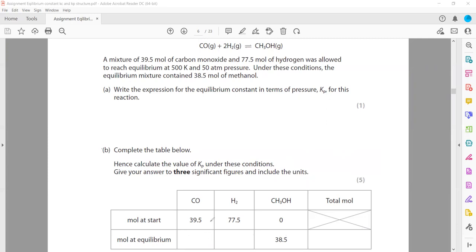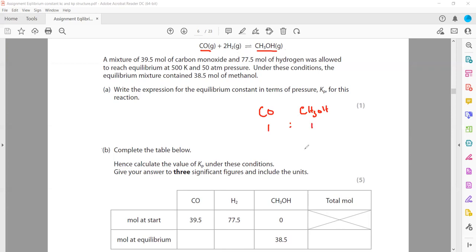So how many moles? It's not how many moles are reacted, it's how many moles are left at equilibrium. So to get the moles of carbon monoxide, we can take a ratio between carbon monoxide and methanol. According to the equation, the mole ratio is 1:1.